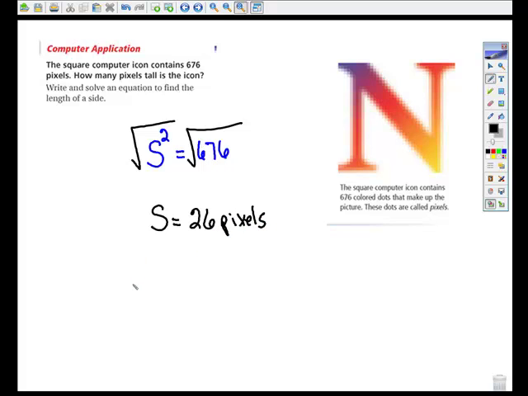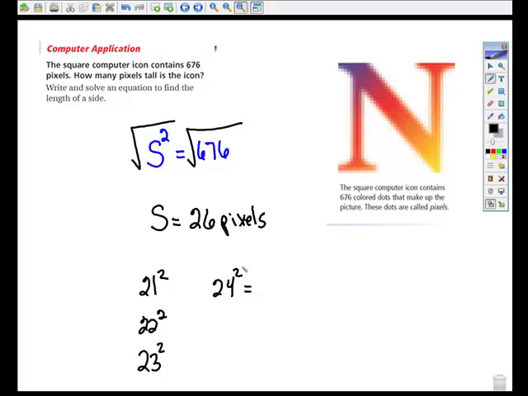And the way that I got the 26, if I wasn't using my calculator, then I would have to just do trial and error. I know my squares on my table up to 20, so then I would try a 21. But 21, I know that 1 times 1 is 1, so this is going to end in a 1, so I know it's not that. If I try 22 squared, that's going to end in a 4, because 2 squared is 4. 23 squared is going to end in a 9. 24 squared does end in a 6.